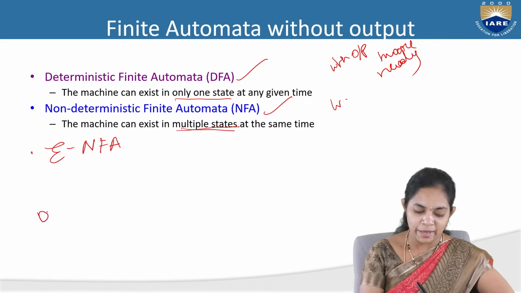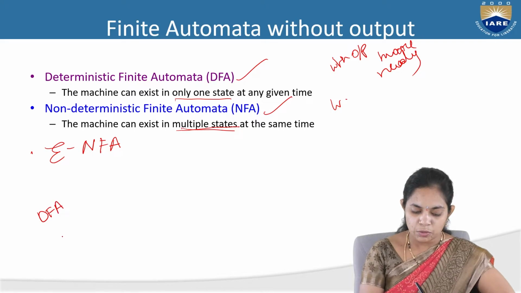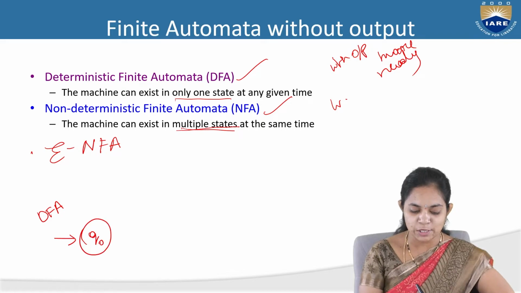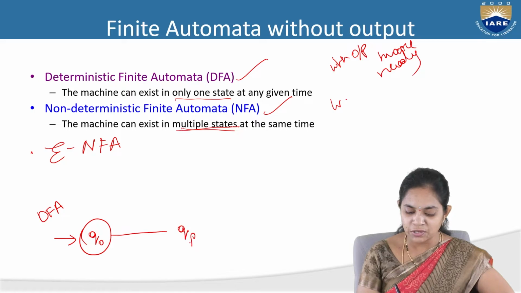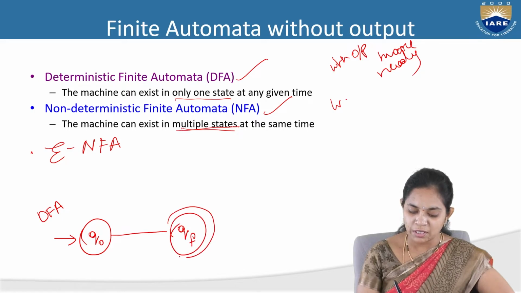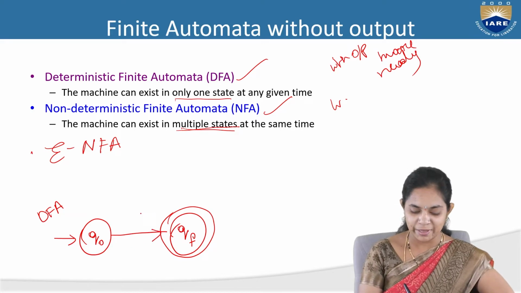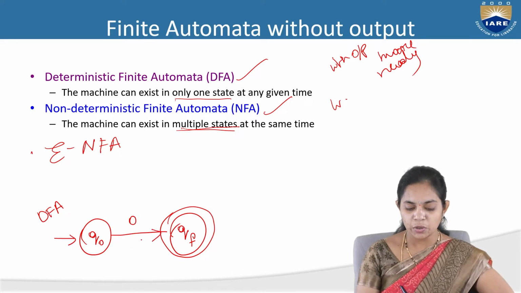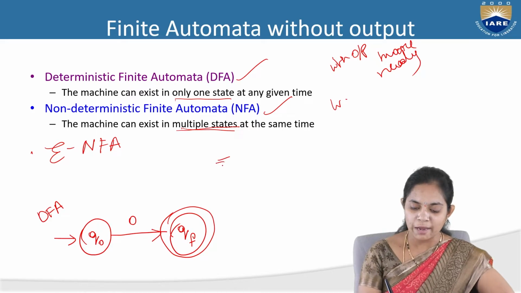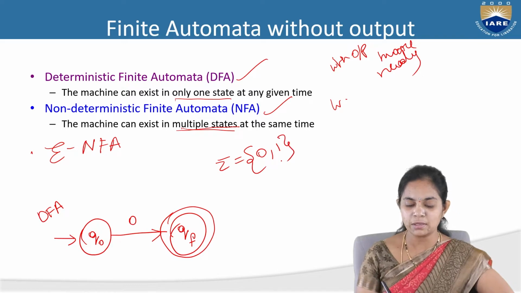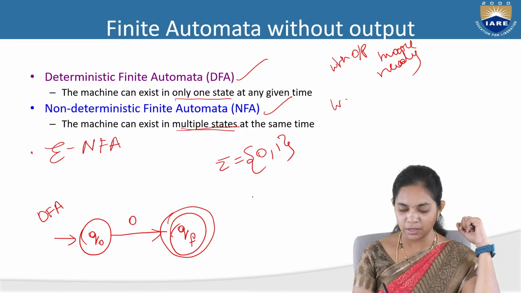So for DFA, if you take the transition diagram, we have the initial state, and after that we have the final state, which is represented by the double circle, and this is the action performed with the input symbol. Here we have taken sigma, which contains 0 and 1.